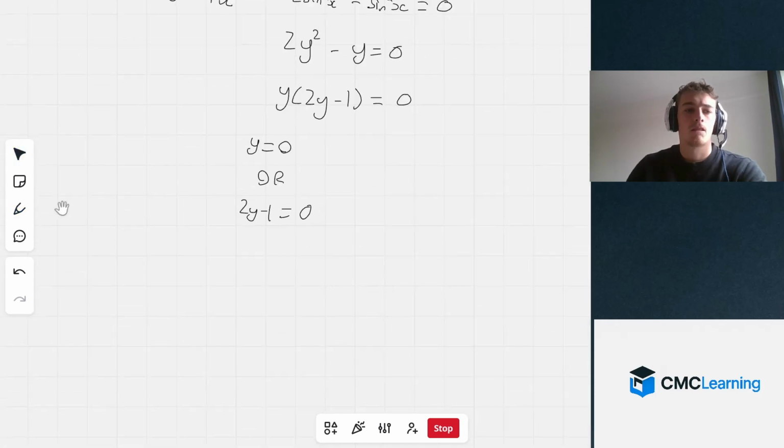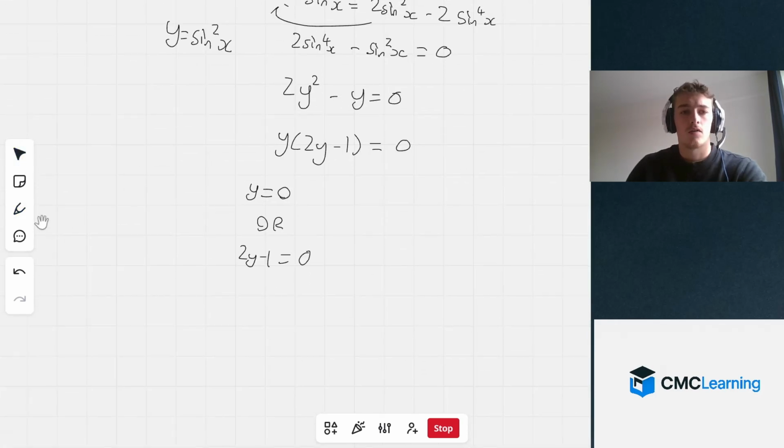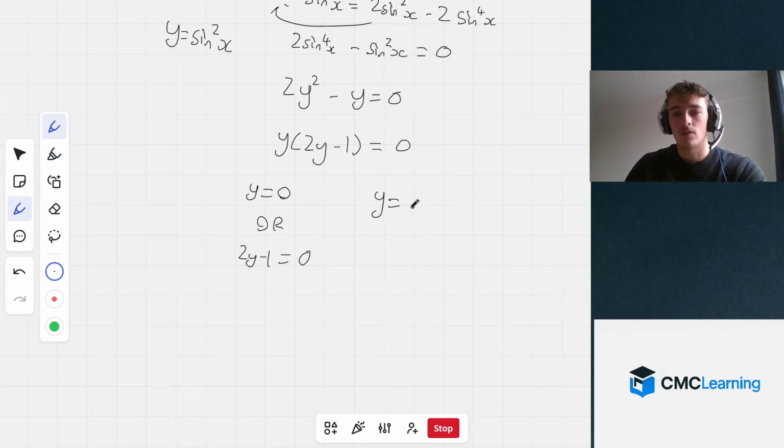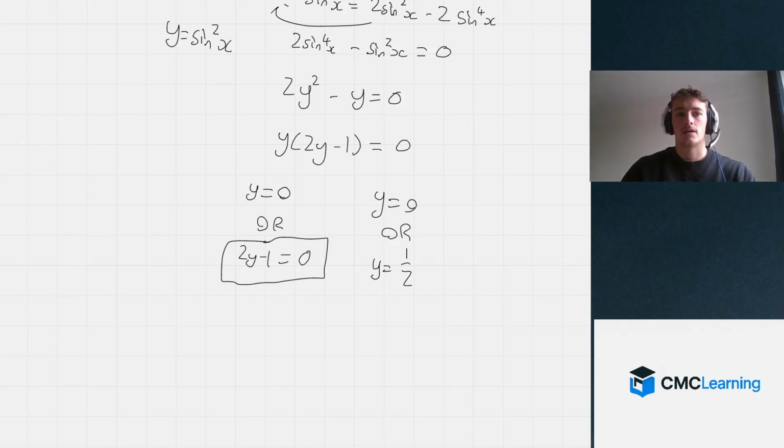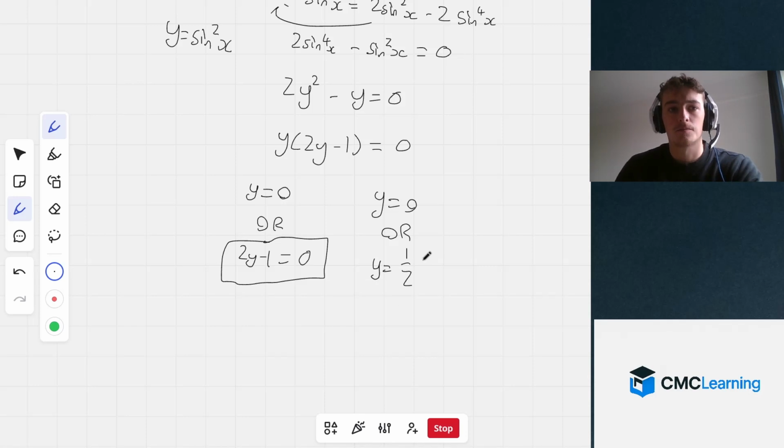So this means that y equals 0 or y equals 1/2. And that just comes from making y the subject in this equation here. Okay, but what is y? We need to remember what y is. y is sine squared x.